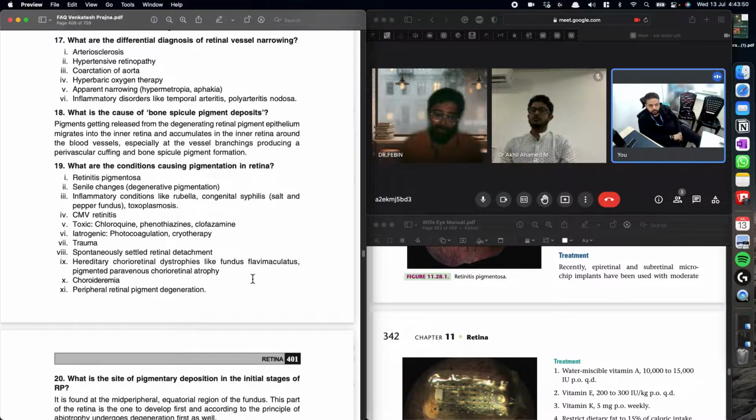You would also like to perform a dark adaptation with the help of an ERG. You have to tell these three things. OCT you can do a little bit down the line, but you have to tell about a field loss, automated perimeter, and ERG. When do you do an EOG?